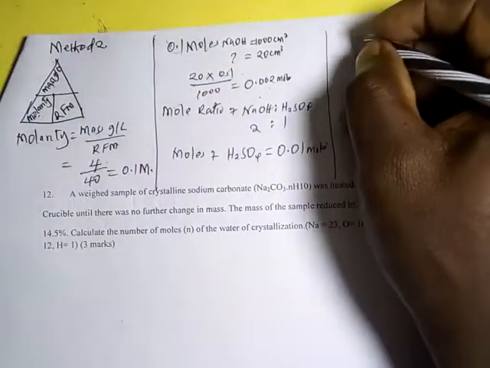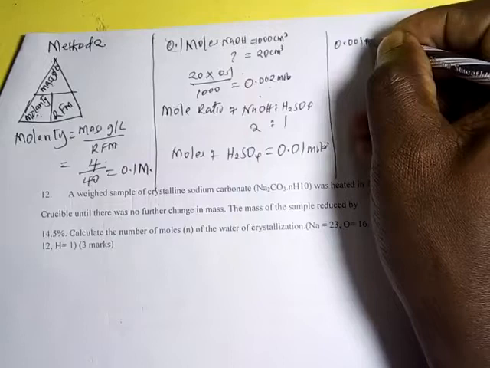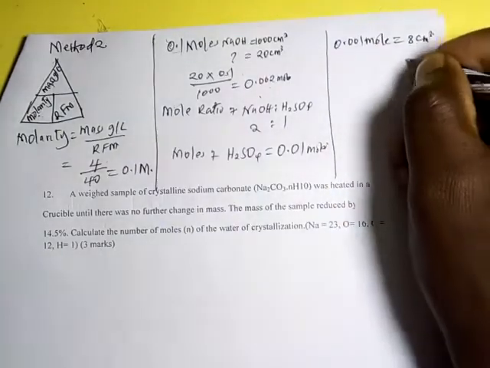So then we are going to say that 0.01 moles are contained in 8 centimeters cube of sulfuric acid.